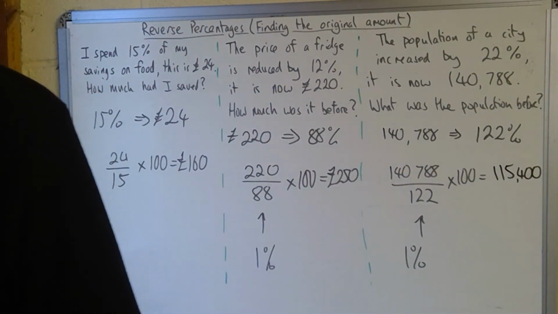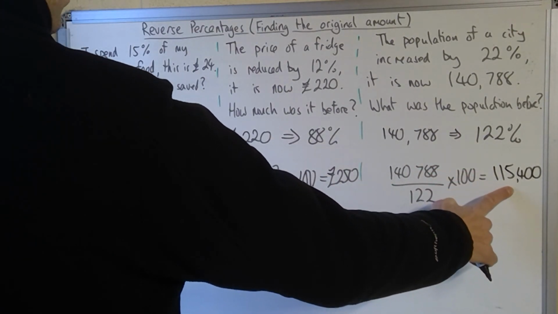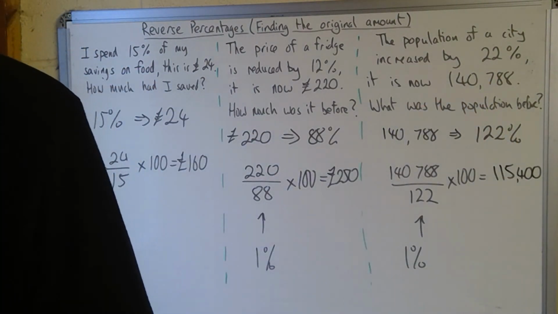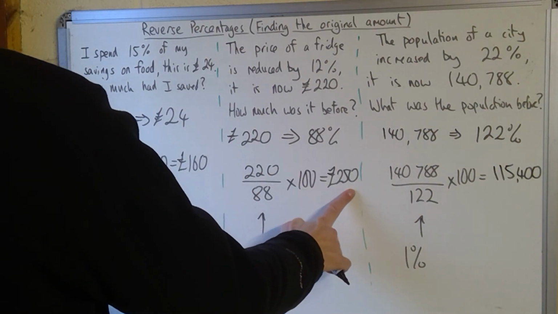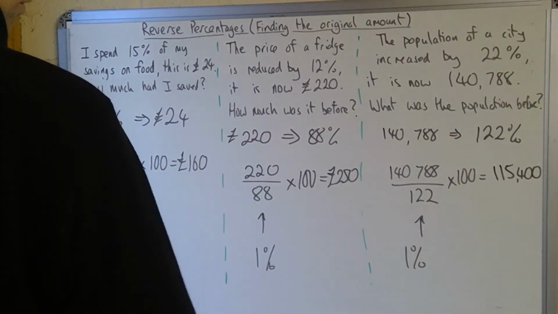If I wanted to check any of these, I could now go and increase that by 22%, and I should come to this figure here. I could reduce this by 12%, and I'd come to this figure here, and that would be a good way of checking.